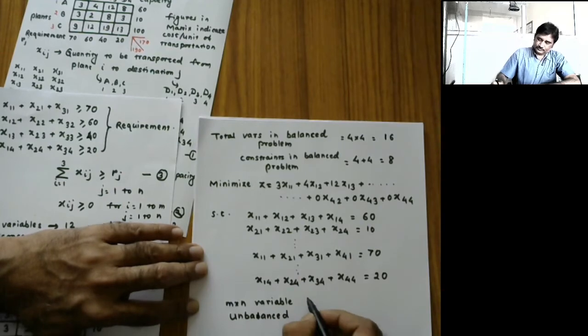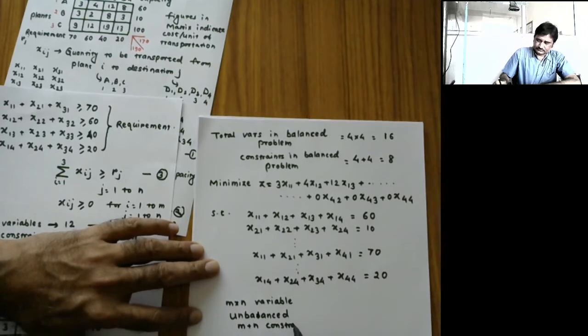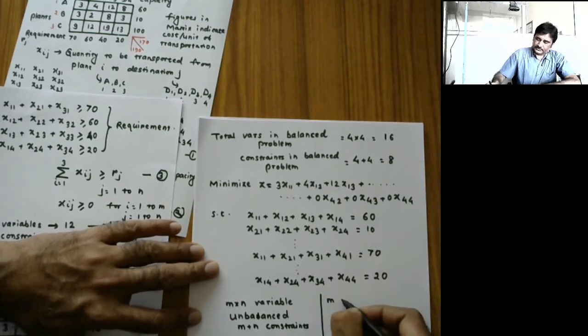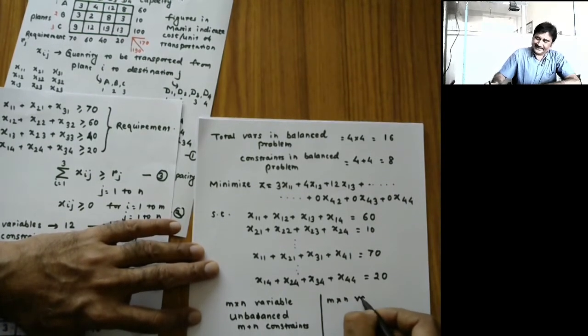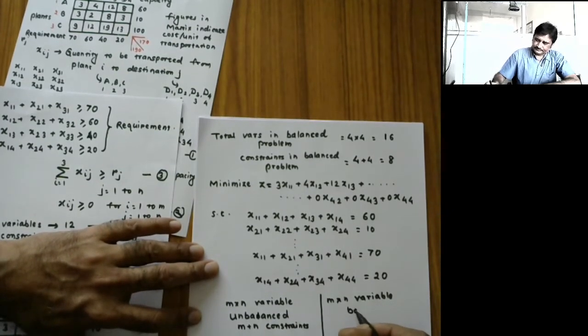An unbalanced problem will have how many constraints? m plus n constraints will be there. And on the other side, you have m into n variables, a balanced problem. That also will have m plus n constraints.